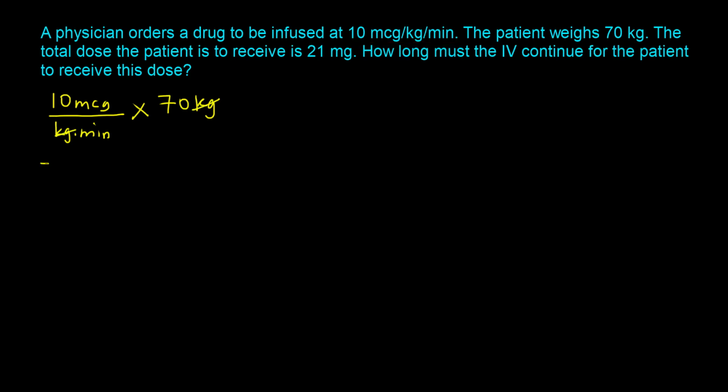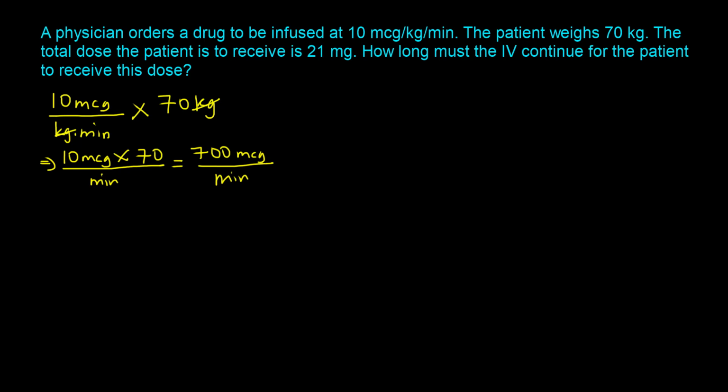And so now we have 10 microgram times 70 divided by minutes. And that gives 700 microgram per minute. Now that is the mass rate for this 70 kilogram patient.